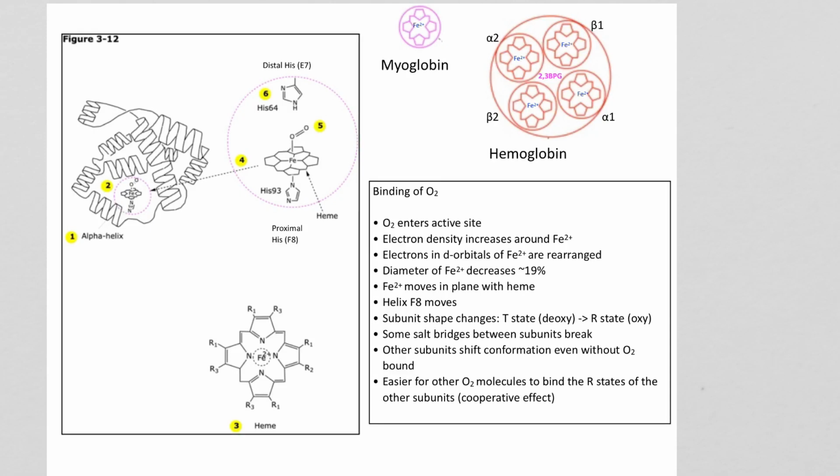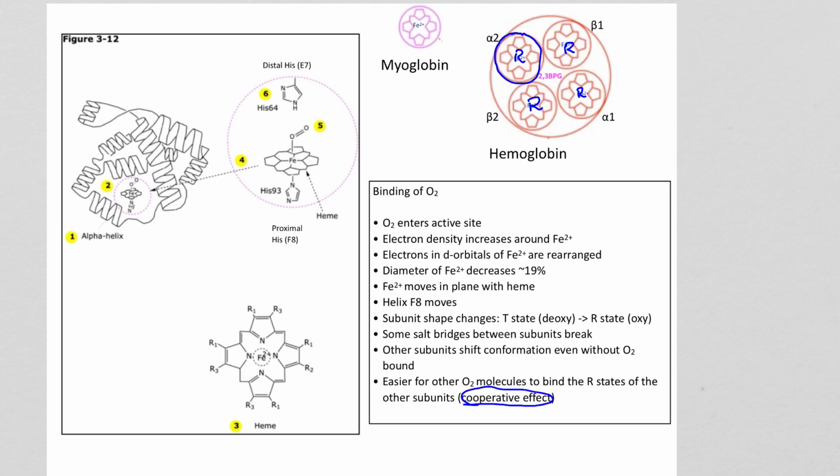Because hemoglobin has a quaternary structure where the four polypeptide chains are joined together, the four polypeptide chains are sort of talking to one another, and when the first polypeptide chain changes into the R state, that causes the rest of the chains to also gradually become the R state. And this property of hemoglobin is called the cooperative effect.